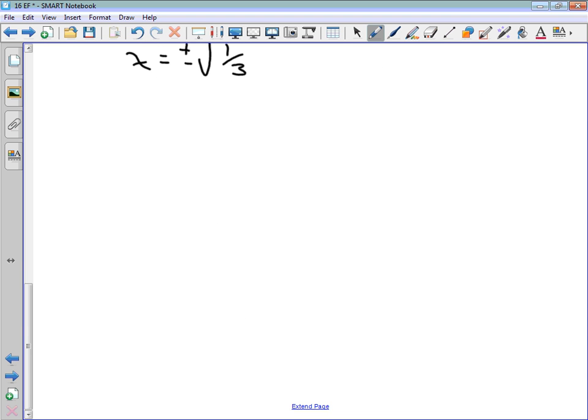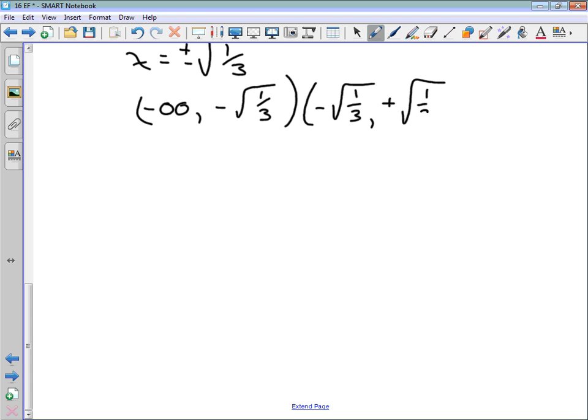Okay, our concavity table. We are going to set up our intervals here. So we're going to have negative infinity to negative root 1/3, negative root 1/3 to positive root 1/3, and then positive root 1/3 to positive infinity. And remember, we are checking the sign of each term in our second derivative.